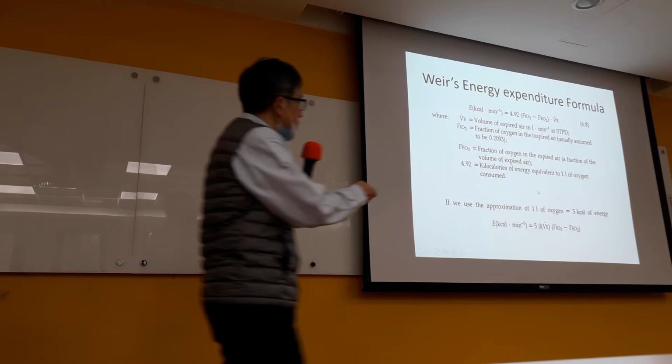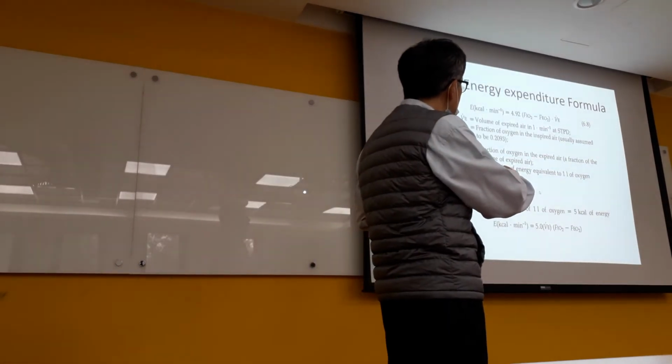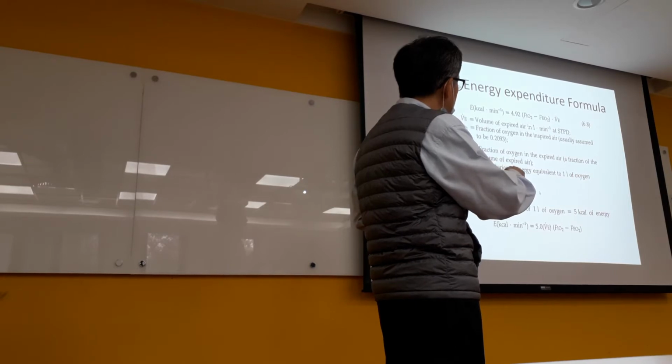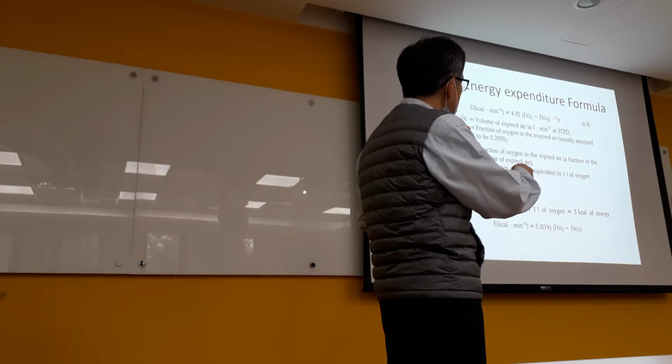Okay, so now we are able to measure the total volume of expired air. Okay, that's called V dot E. Dot means per minute. That means the speed. Liters per minute.